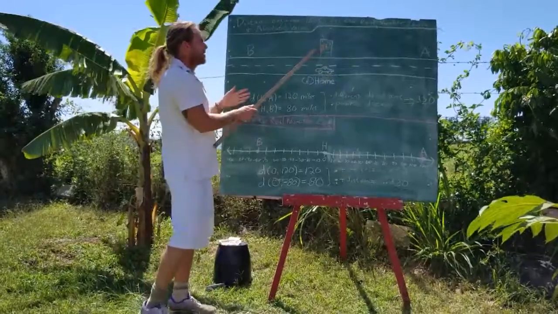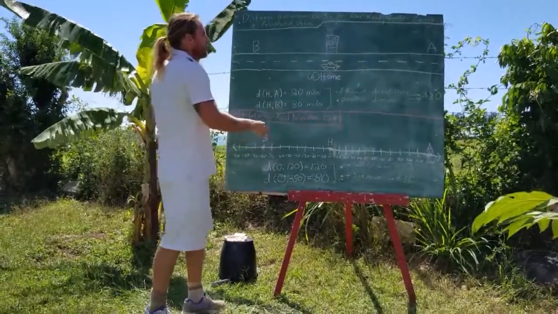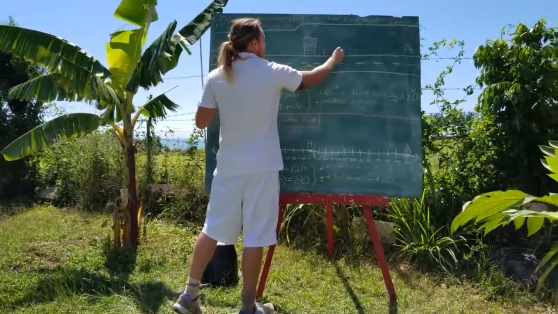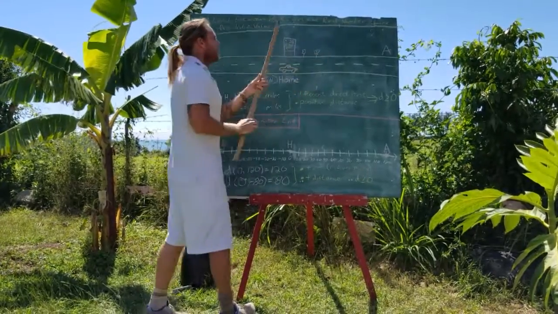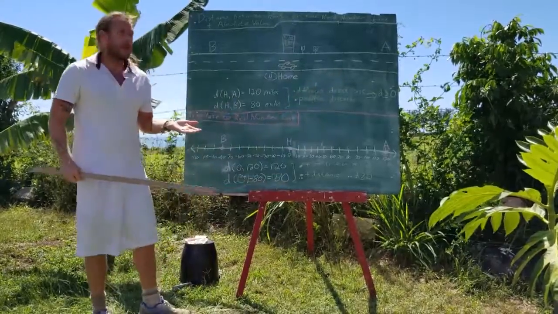The sign tells us it's 120 miles down the road. So if we were looking at mile markers, this would be mile marker 1, 2, etc. On the 120th one, we would arrive at our location, town A.